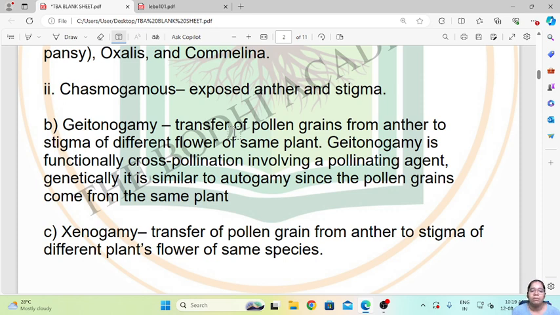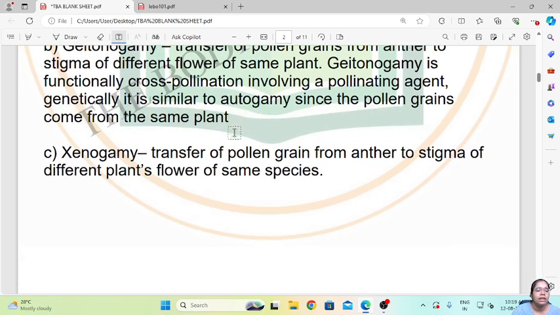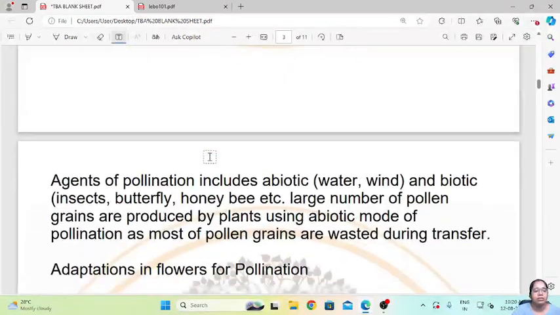The pollen grain from one anther will go and settle on the stigma of another flower. Then comes xenogamy. Xenogamy is the transfer of pollen grain from anther to the stigma of flowers of different plants of the same species. So this is a cross pollination. So these are the different kinds of pollination.